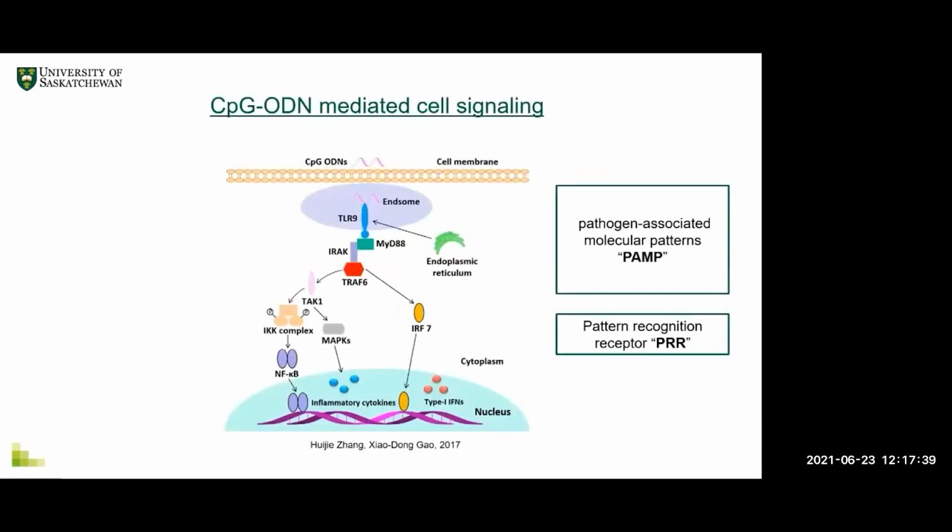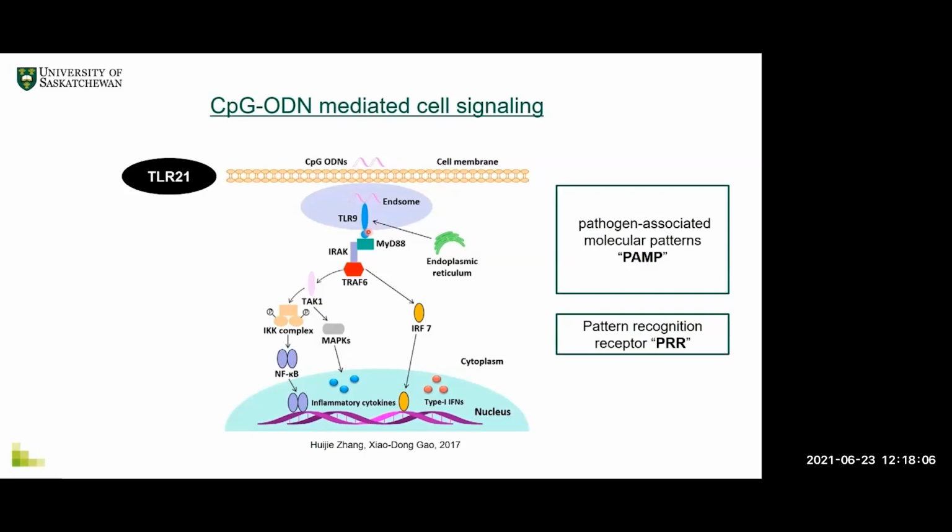How does CpG-ODN mediate its cell signaling? As I mentioned in the previous slide, it represents bacterial DNA, so it acts as a pathogen-associated molecular pattern, PAMP, which is recognized by pattern recognition receptors. TLR9 in mammals and other species, but in chickens it's TLR21, present in endosomal membranes of antigen-presenting cells.